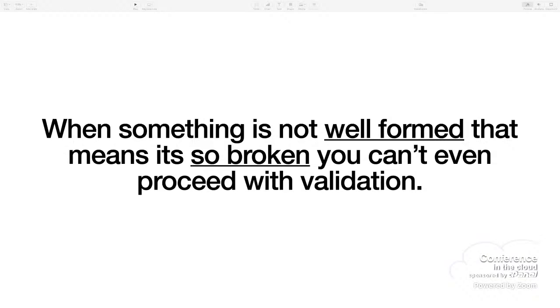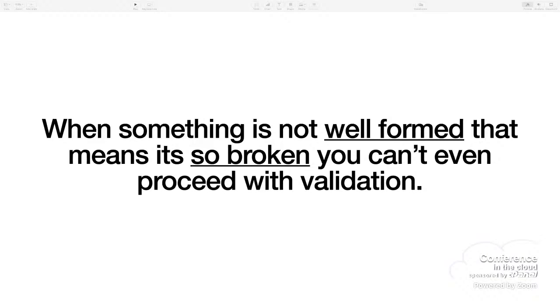If the data is well formed, that means it's got the attributes set up in the expected places. If it's not well formed, for example if you're looking for JSON and they posted something else, you can't read it. So it's not well formed, you cannot even do validation at all. You just basically have to say, sorry, I can't do anything, broken, right?